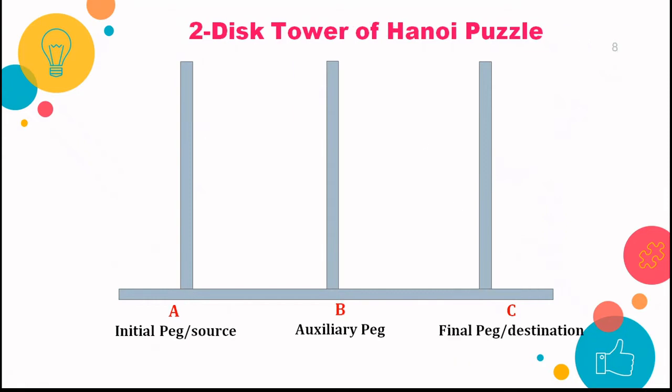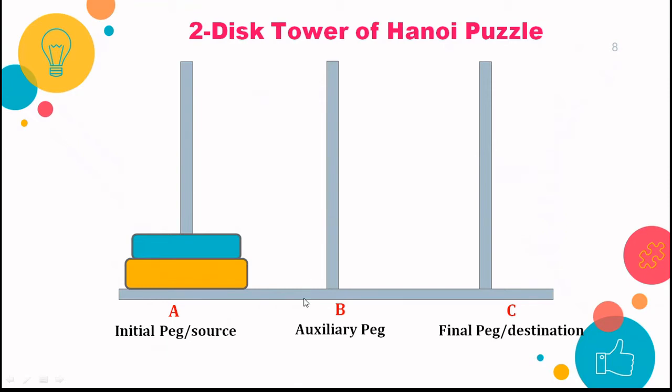Now coming to the next problem. In case in the Hanoi puzzle we have two discs, what we will be doing? Again here we have the yellow disc and the blue disc. The blue disc is smaller than the yellow disc, right? So now we have to place both these discs on C in such a way that again yellow will be at the bottom and blue will be on the top, right?